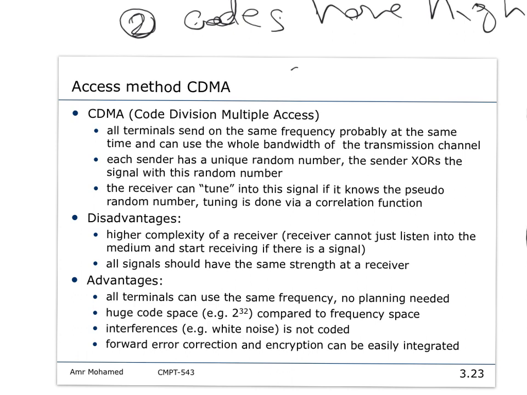It's random in the sense that you select any of these codes, it doesn't matter, as long as these codes are mutually orthogonal. Each node can select any code, and before you transmit your data, multiply your data by this code.